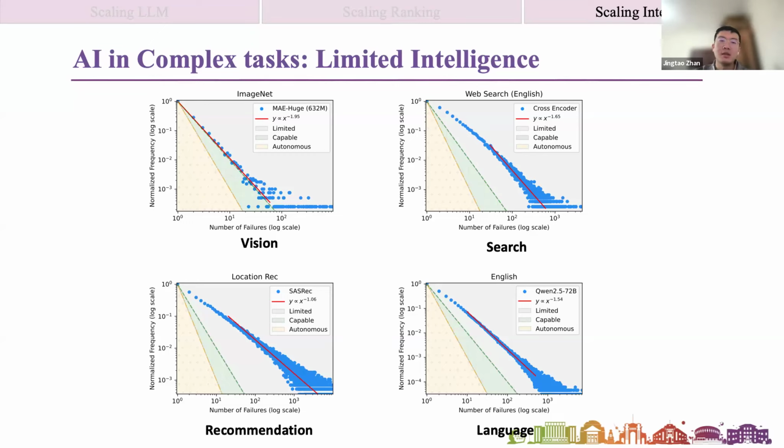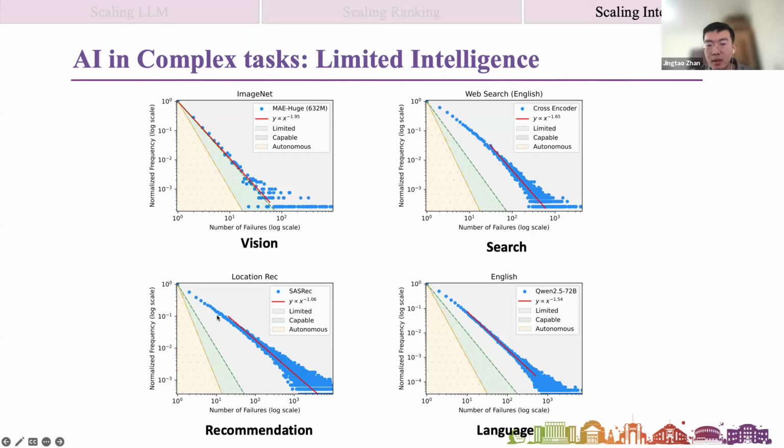I think this actually shows that the current models are at a very early stage, and we are far from autonomous operation. Moreover, we can see that these models can be approximated by a power law, because they behave like a straight line on this log plot, so we can use a power law to fit the performance.